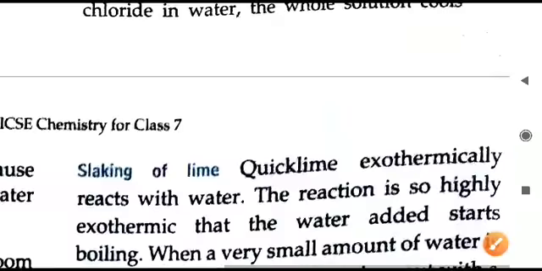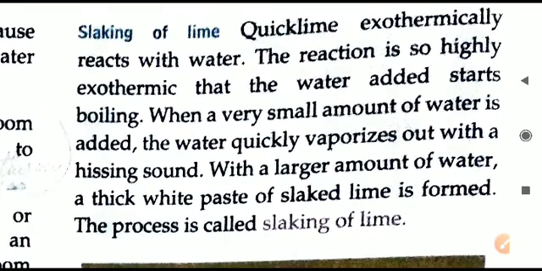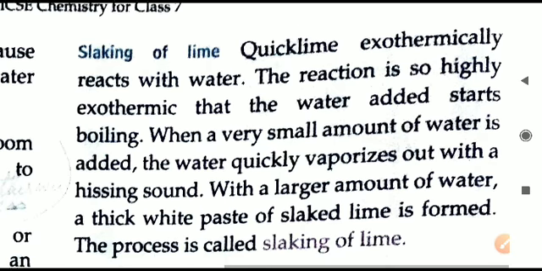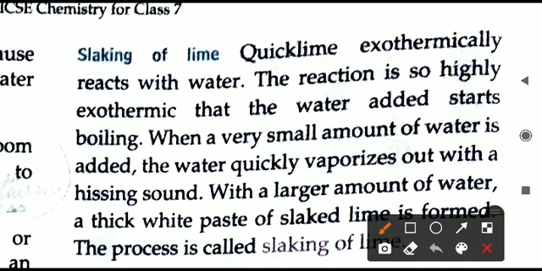Next, the example is slaking of lime. This is generally done when whitewashing of houses is done. Quicklime, when used for whitewashing, is mixed with water, and what will happen? A lot of heat energy is generated. An exothermic reaction is taking place.